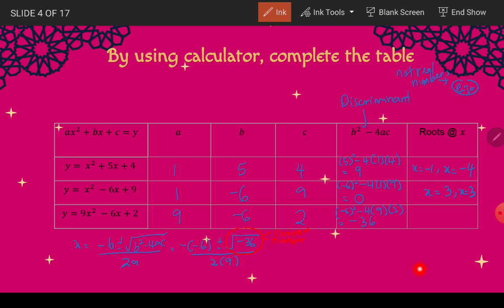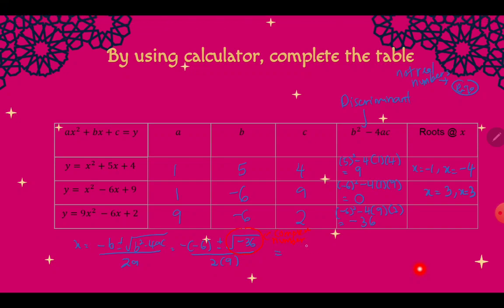Since it is a complex number, it is not a real number. So in this case, we cannot say that x has roots. We know that the square root of 36 is 6.